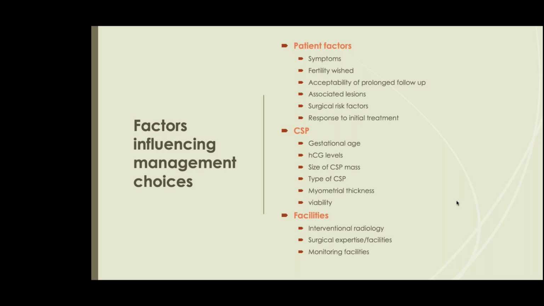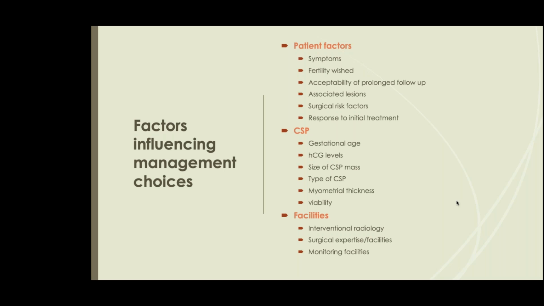This is regarding the patient factors. Regarding the sac factors itself, the gestational age, 6 weeks will be different to 16 weeks, as we said earlier, and the management approach. HCG levels, low levels, will be different completely to very high levels.